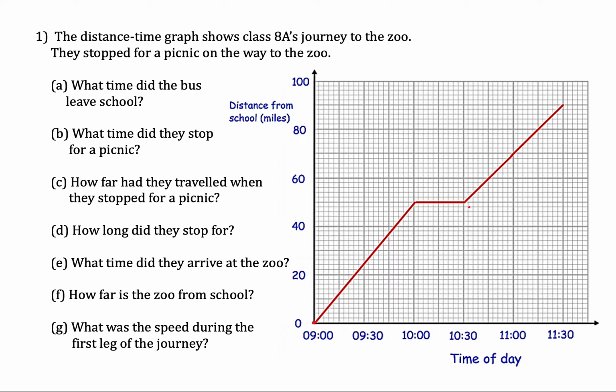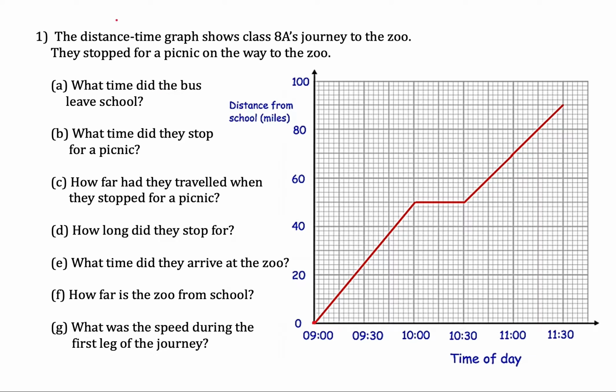So any steeper parts of the graph indicate that whatever it is is travelling faster. Steeper means faster. The other thing you might find is that these graphs are not always just rising. They may come back down to zero or close to it, and that means that the object is getting closer to wherever it started again.